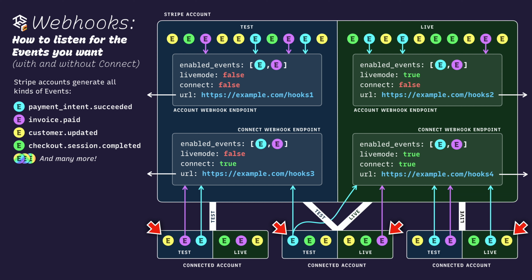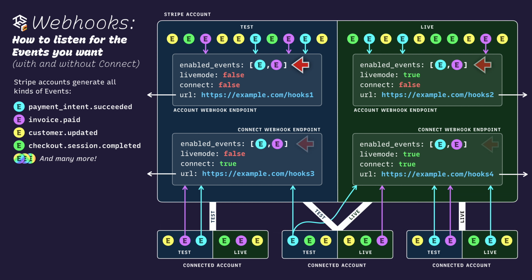This functionality means platforms only need to create Connect webhook endpoints on their platform instead of creating account webhook endpoints on every individual connected account. In fact, platforms cannot create account webhook endpoints on connected accounts, which is one of the few restrictions a platform has when it comes to operations they can perform on their connected accounts.